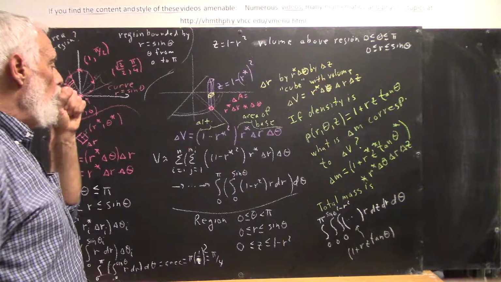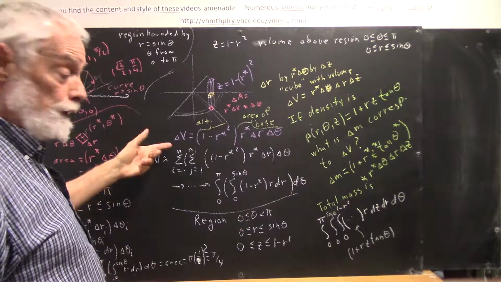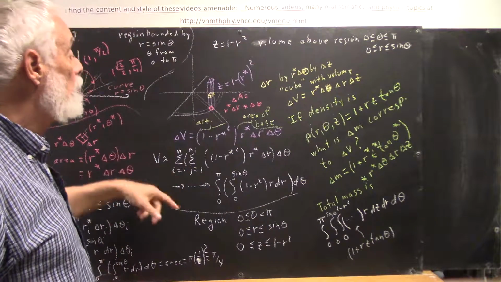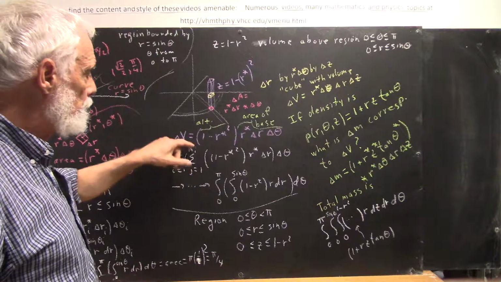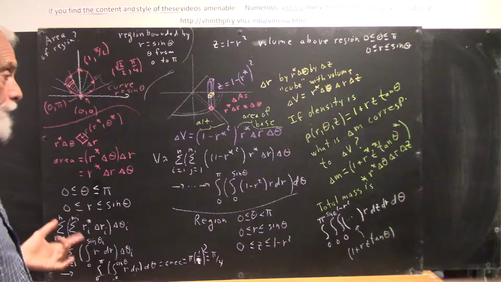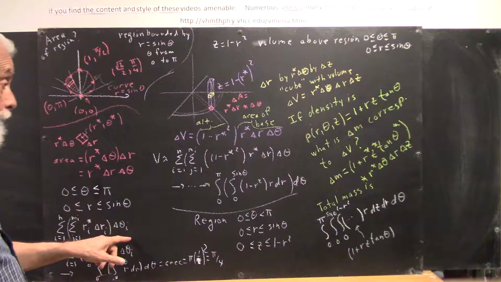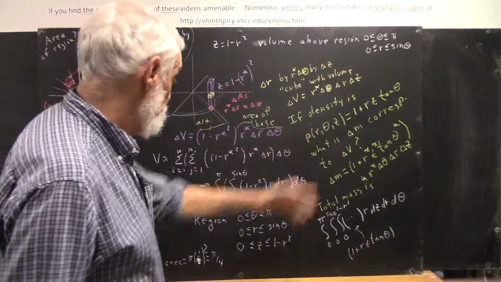Now we just sum that. We partition our theta interval. We partition for each theta interval. We partition our r interval the same way we did here. It's identical, except that now we're not calculating just area as we did here. We're calculating volume.